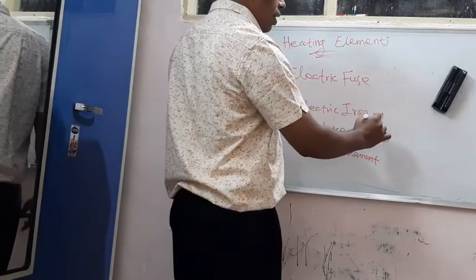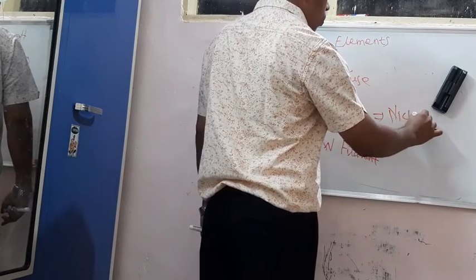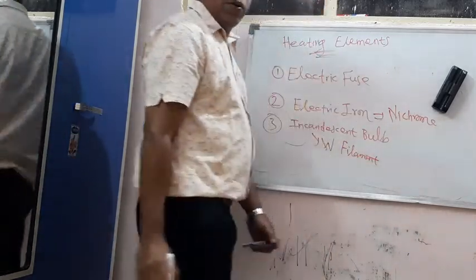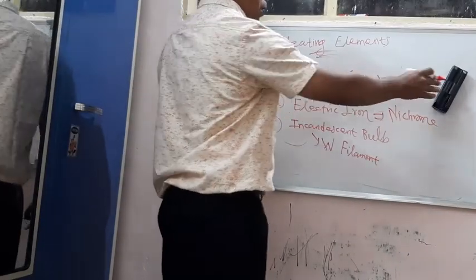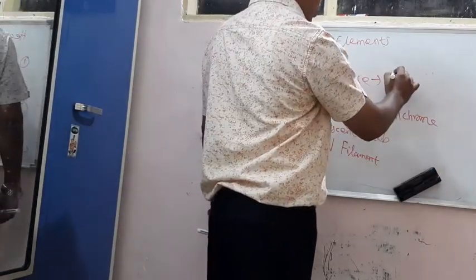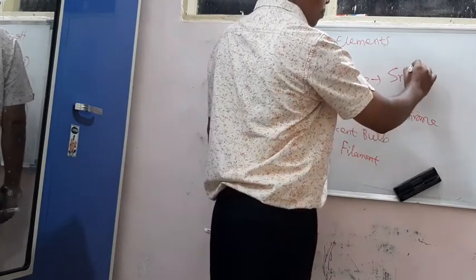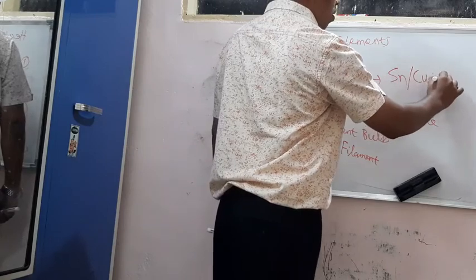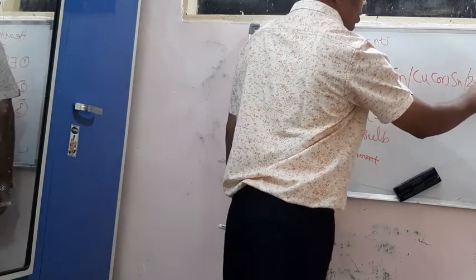In the case of an electric iron, nichrome, a nickel chromium alloy, is used. For an electric fuse, tin plated copper or tin plated zinc is used.